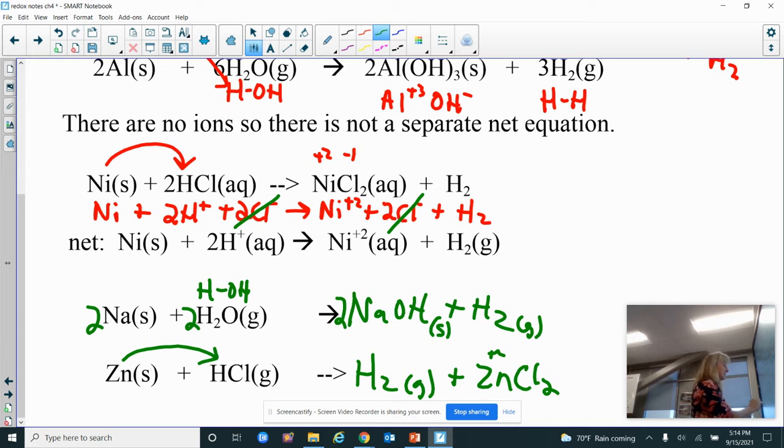And then to balance it, I would need a 2 here. But again, if there's no water present, this is zinc solid plus hydrogen chloride gas, then this would have to still be a solid. Okay, so it's only when water's present that things split up into ions, like this one up here. This was aqueous acid, or if it were liquid water.